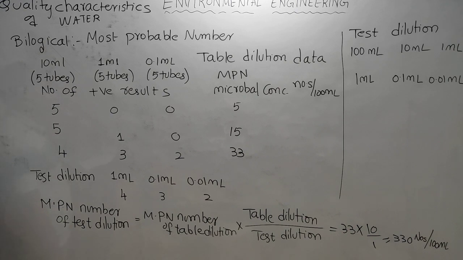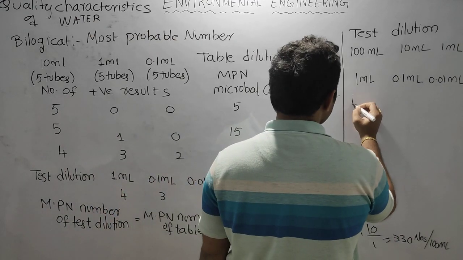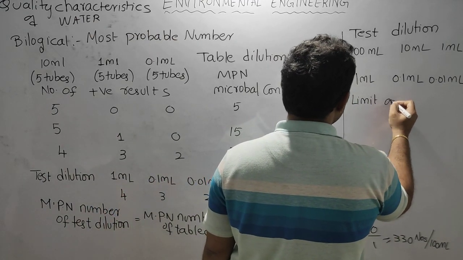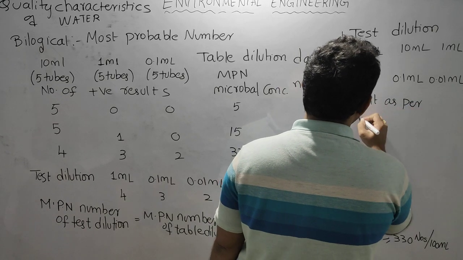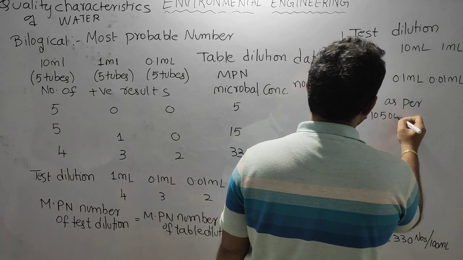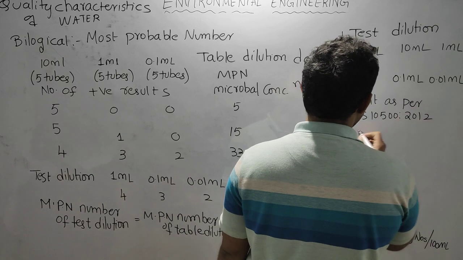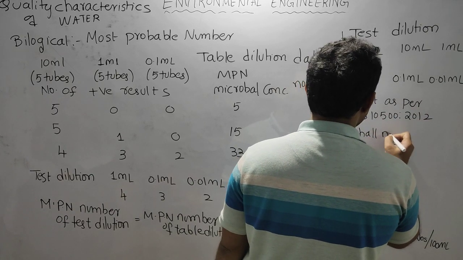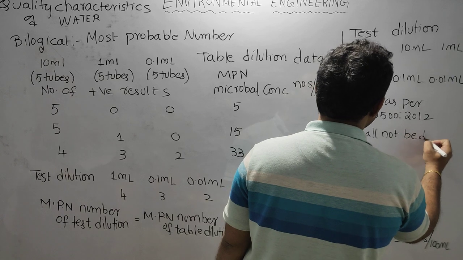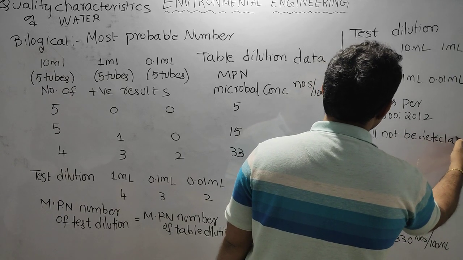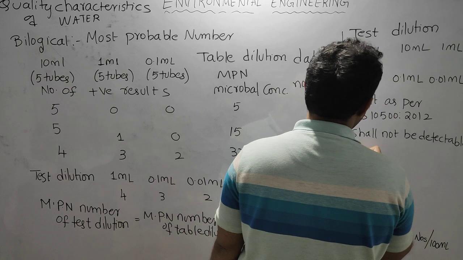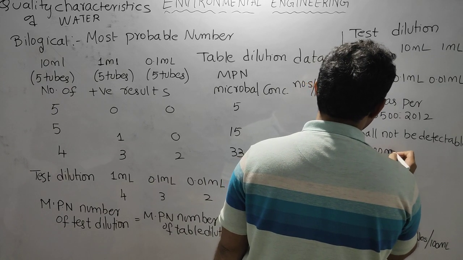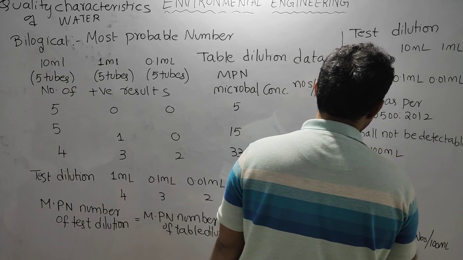The limit as per IS 10500 is that E. coli or total coliform bacteria shall not be detectable in 100 ml, till the distribution.